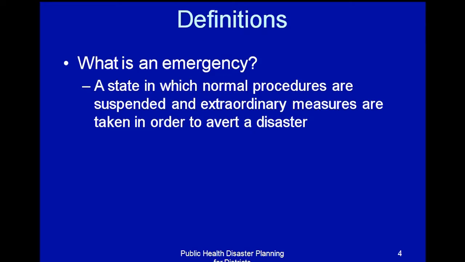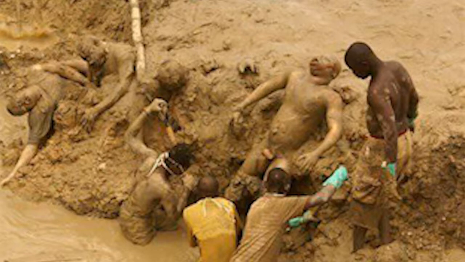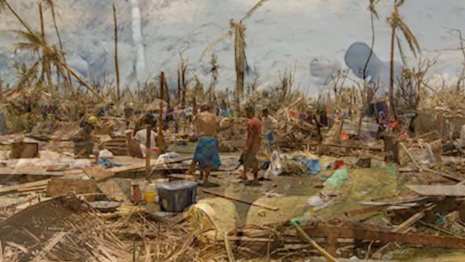A disaster does not warn anyone when it comes. It comes without showing. It is an extraordinary measure taken in order to avert it, so it is an emergency situation, an emergency state. When we talk of disaster, we have said that it causes losses to humans, material and environment that exceed the community's ability to cope.